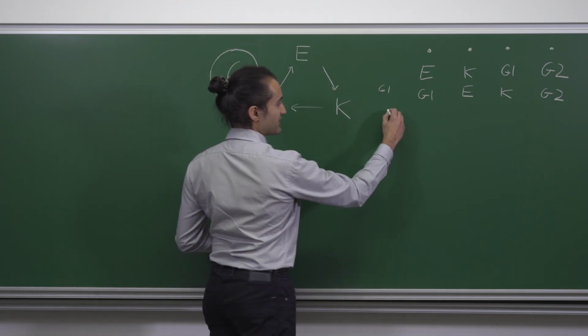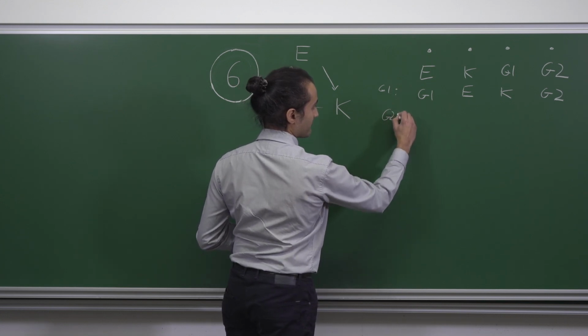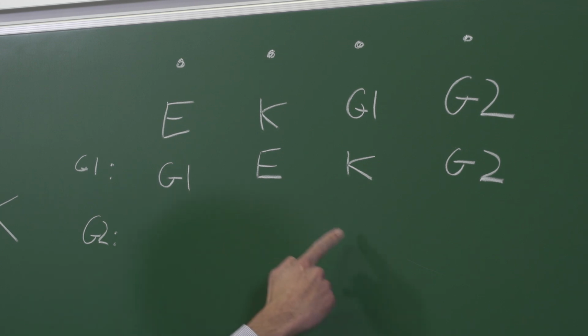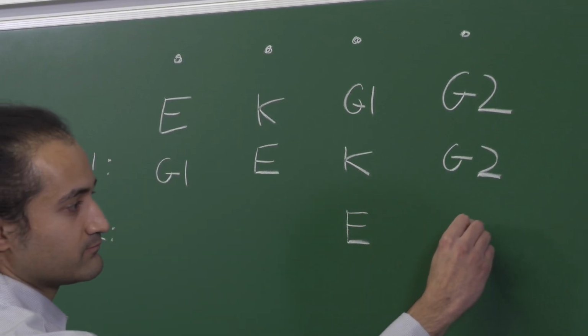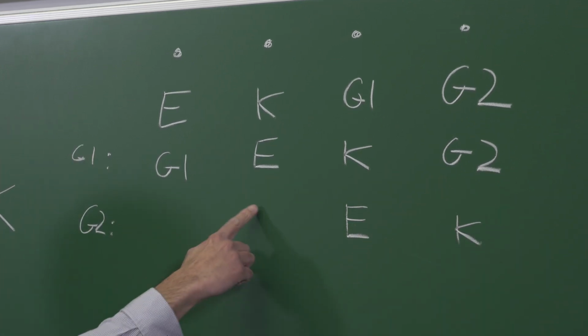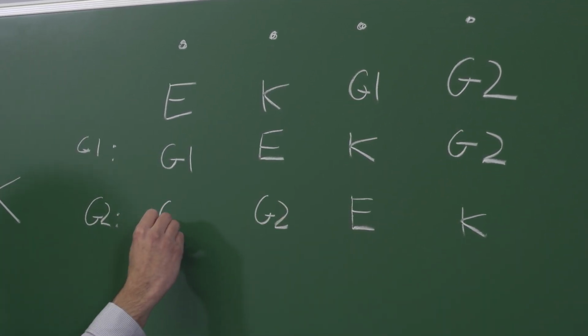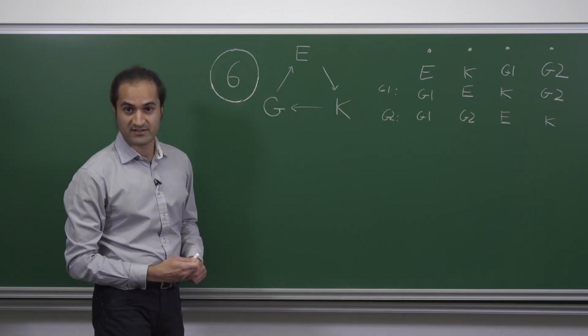Now, let's apply the shuffle involving G2. The E will move to here, the K will move to here, the G2 moves to here, and this time the G1 stays where it is. We do this once more.